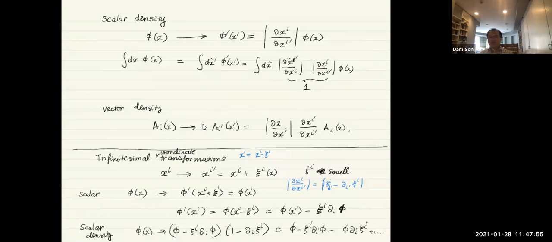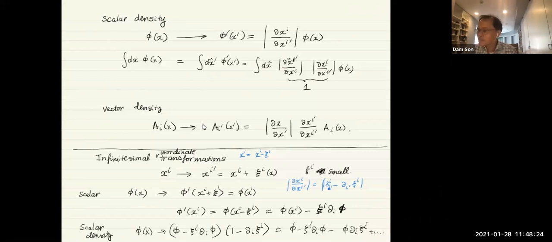Okay, so maybe a little bit of words we can put in here under coordinate transformation. An infinitesimal coordinate transformation is like a spatial translation, but we translate the system by a slightly different amount at different points.